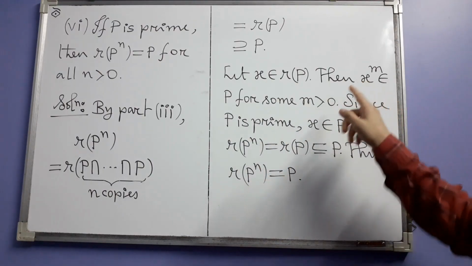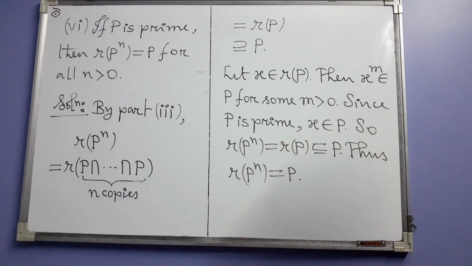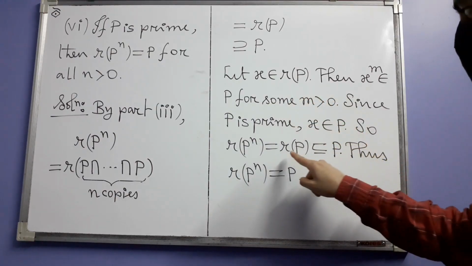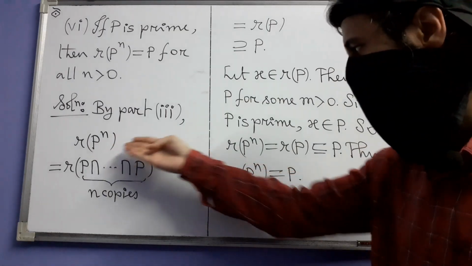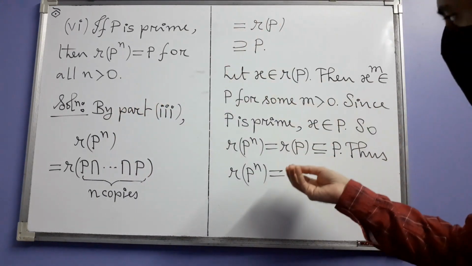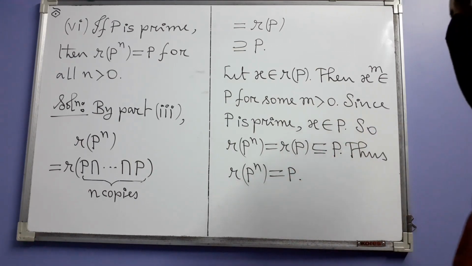But here all the factors are x. So that way x has to belong to P. So any element here is also in P. So the radical of P is also a subset of P. So combining this containment and this containment, we have equality, and that's what we wanted to prove.